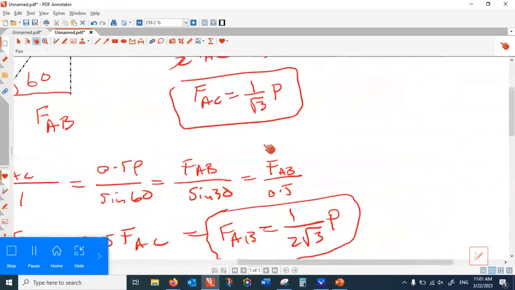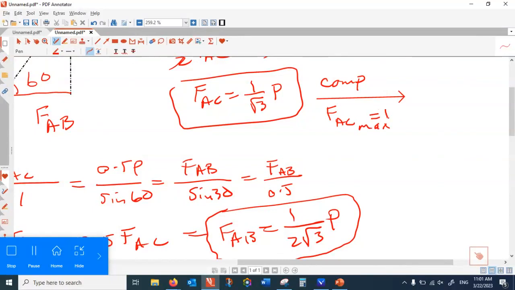So now we know that FAC is in compression. If that is in compression, the maximum load it can take is, so here I say compression. Therefore, FAC max is equal to 1.5. Is this Newton or kilonewton?